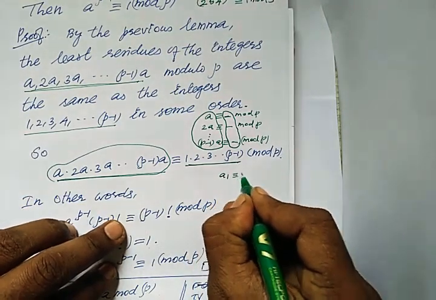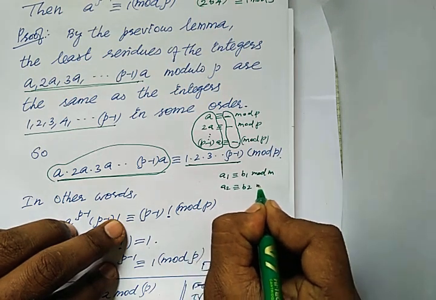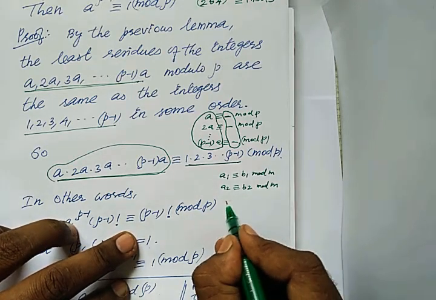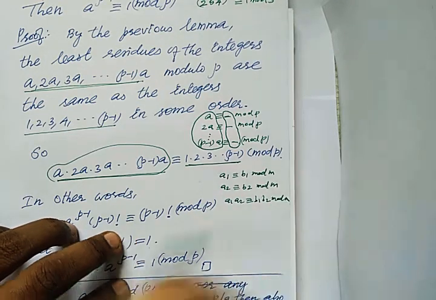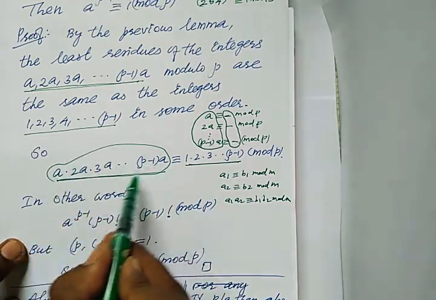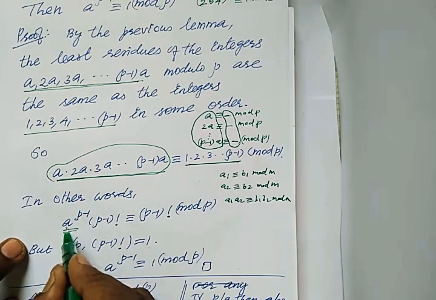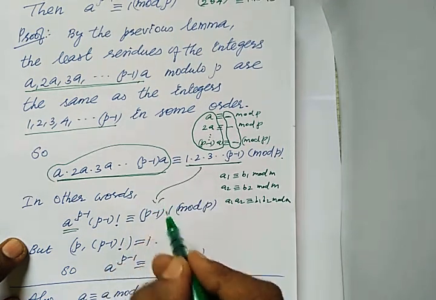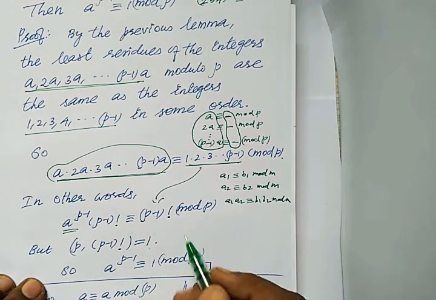If a1 is congruent to b1 modulo m and a2 is congruent to b2 modulo m, then a1 a2 is congruent to b1 b2 mod m, right? Using this result, we have got this line. And if we collect all the A's, we get A to the power P minus 1 times P minus 1 factorial is congruent to P minus 1 factorial mod P.